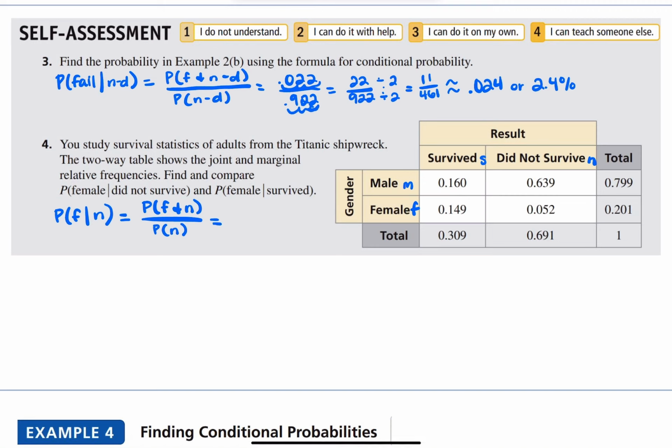So female and did not survive is right here, 0.052, over not surviving total is 0.691.